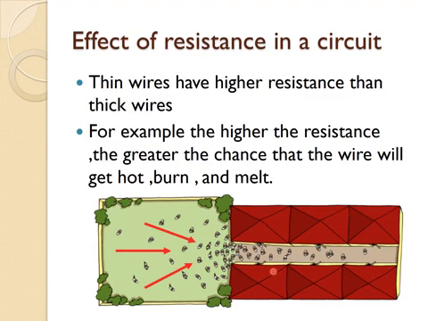So this is how resistance can affect a circuit. For example, if you have used very thin wires in a circuit, there is every single chance that your wires will be melted out.